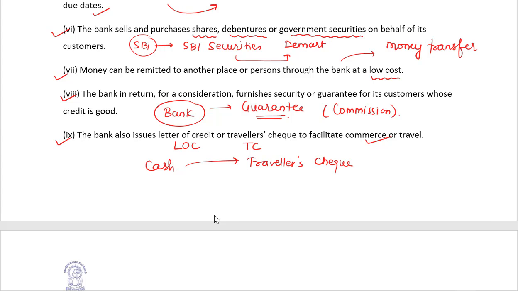You can take that check and travel wherever you want, and you can show that traveler's check to the same bank. The branch would be different, and from that branch you can take your cash back. The bank will charge a nominal amount for making the traveler's check, that is the bank's commission or bank charges. This bank is in India and this bank in USA. So this traveler's check will work.